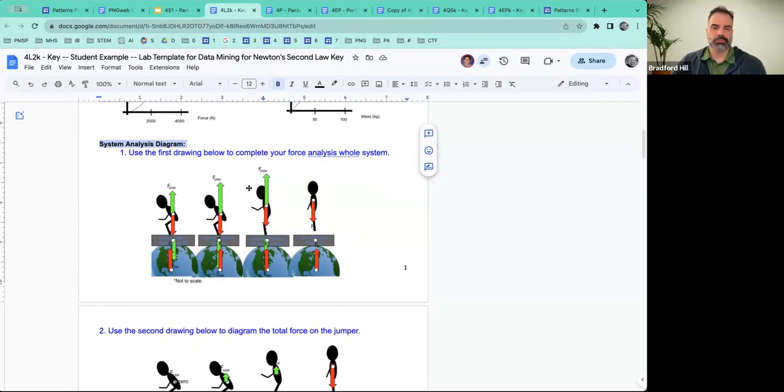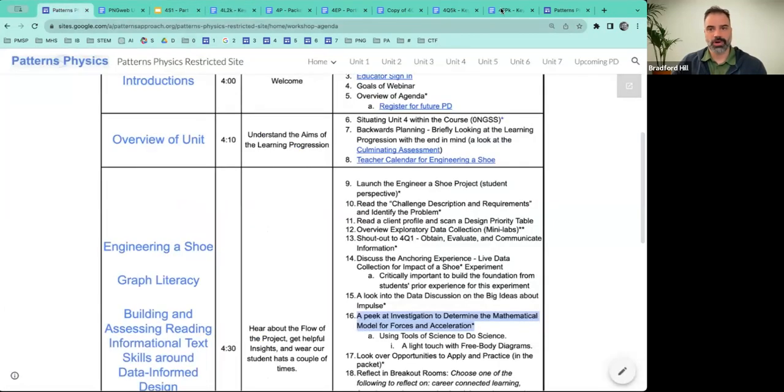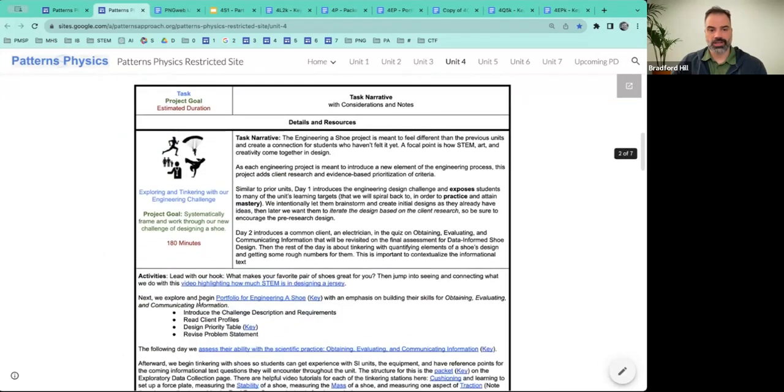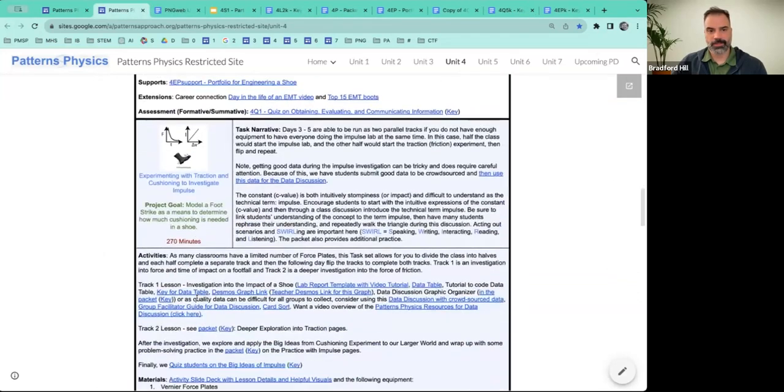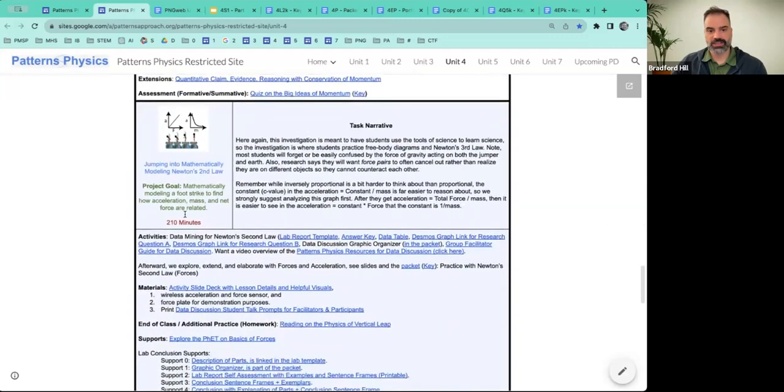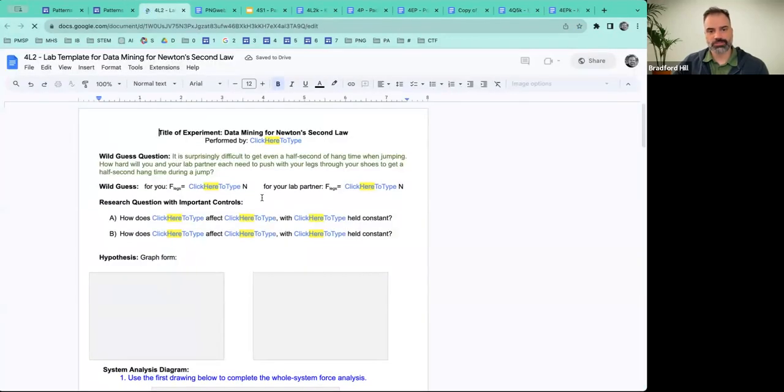I'm now thinking that it might be nice to see the regular one, so I'll quickly model that. I'm going to go to our unit, and I'm going to go to the task. There's the momentum. Here is the blank lab template, so I'll just preview that.